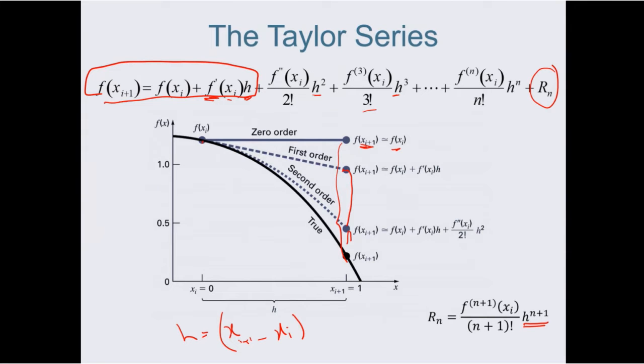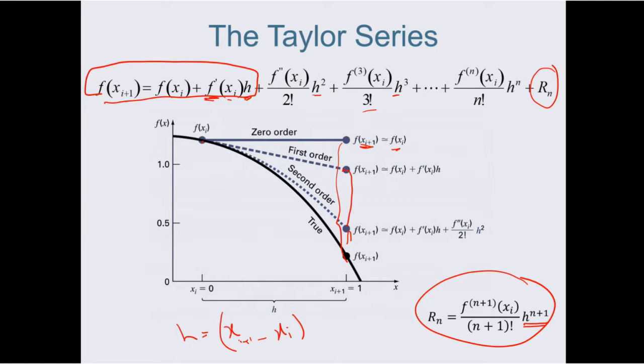So as we keep on adding more terms, we are able to reduce the error. But as I said, wherever you stop, you are going to truncate the series, and then you will be left with an error Rn, which is the remainder of the terms, and it is of the order of h to the power n plus 1. Why are we saying of the order of h to the power n plus 1?